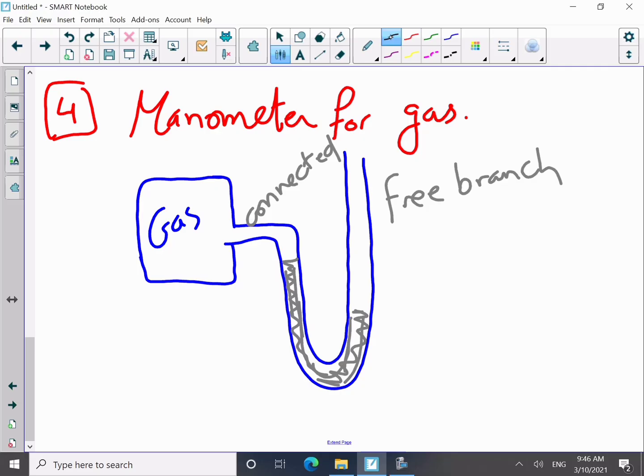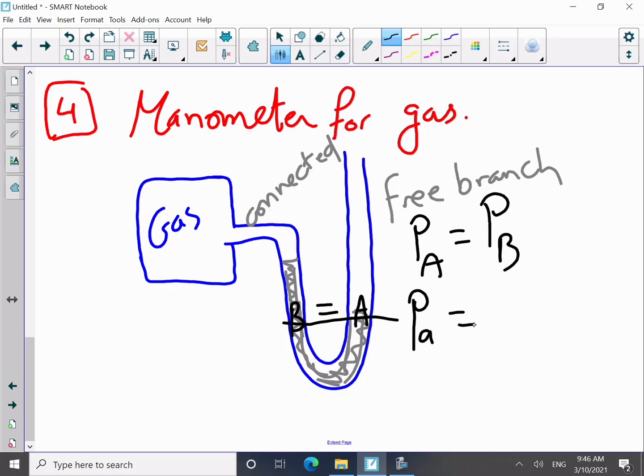Look at the separating surface between the mercury in both sides. At point A and at point B, the pressure will be equal. So the pressure at A equal the pressure at B. The pressure at A will be equal atmospheric air pressure. But the pressure at the point B will be equal PA minus H.